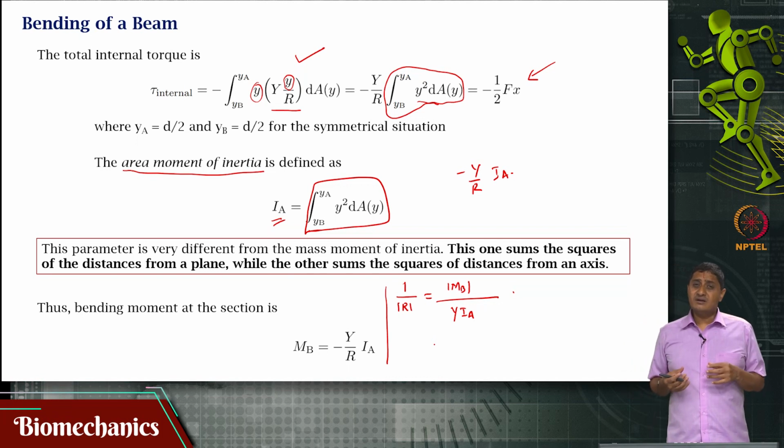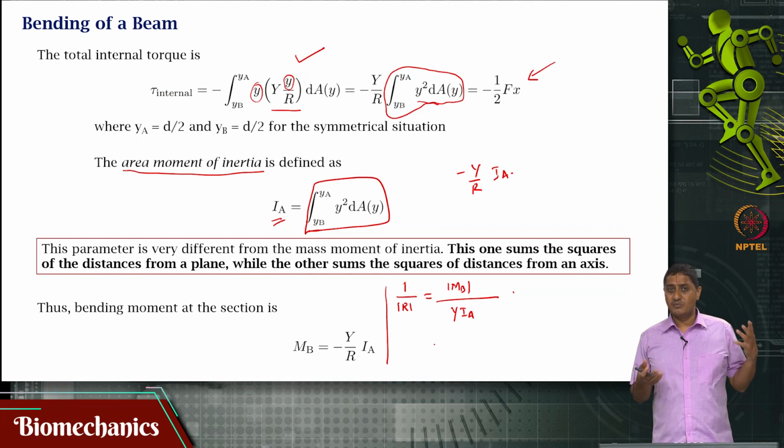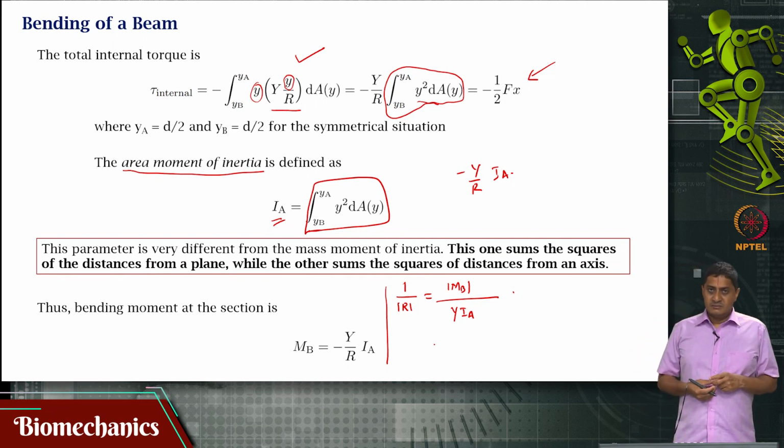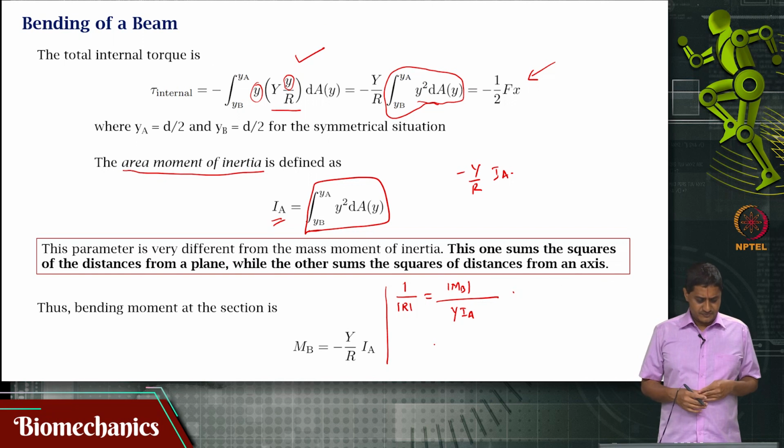So, for a given material which has some known Young's modulus Y and some known applied load with bending moment MB, with the material being made of some known Young's modulus Y, right.